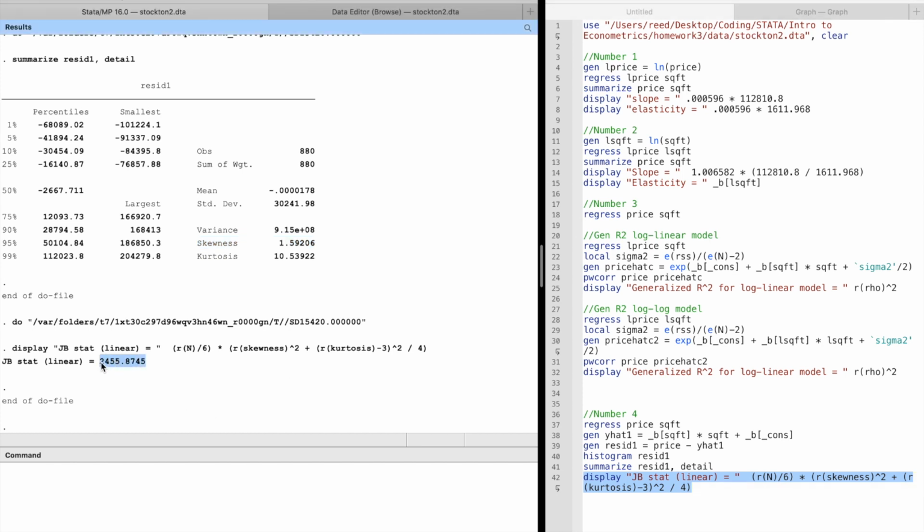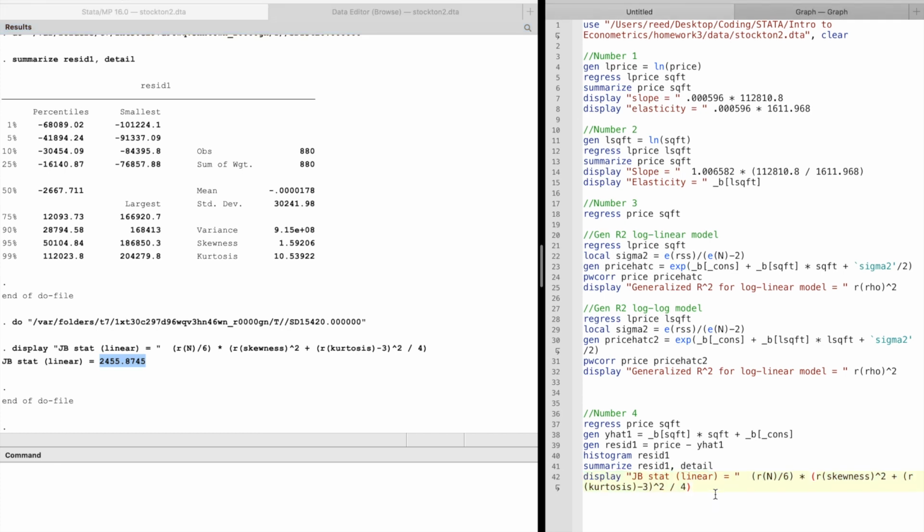You get 2,455. That seems really large, but our residuals didn't seem very normally distributed, so it makes sense that we get a large number here.